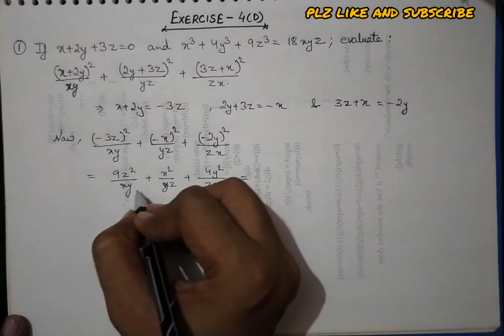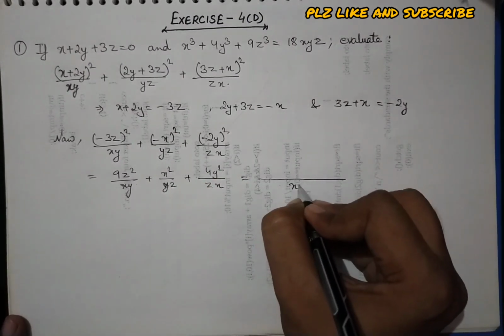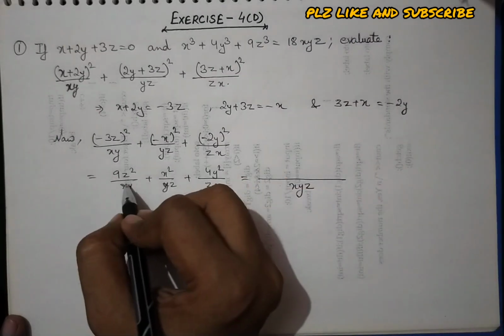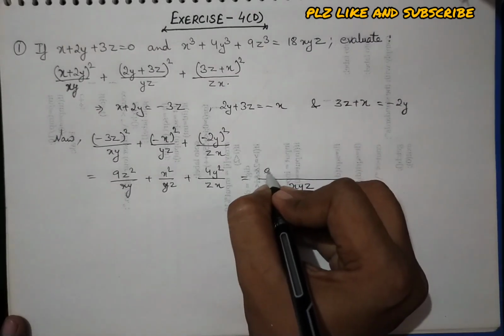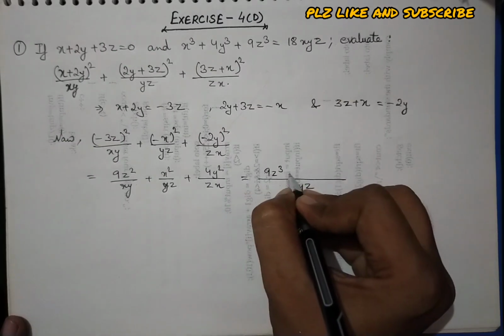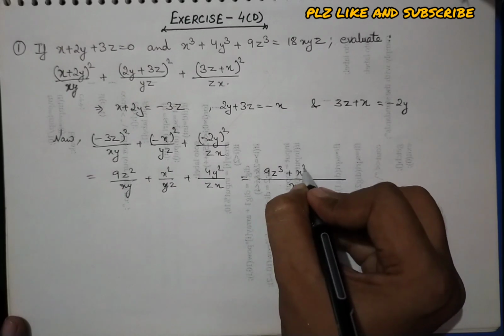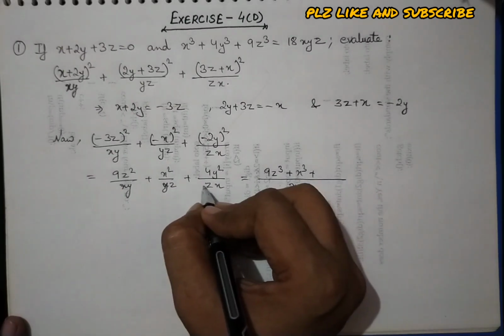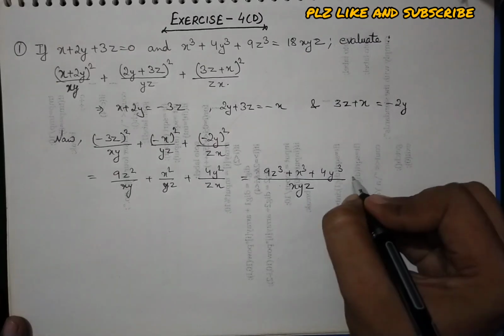Now take the LCM of the denominators and you will get the LCM as xyz. Here z is missing, so this will be multiplied by z. This is 9z cube, plus here x is missing, this will become x cube, and here y is missing, so this will become 4y cube.